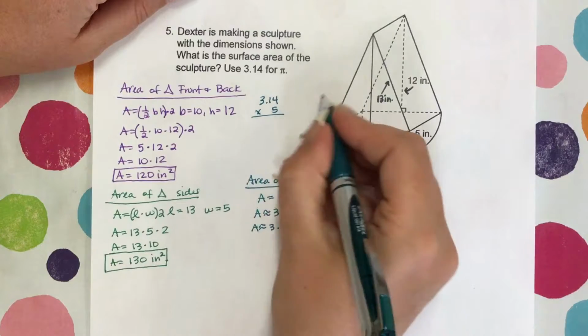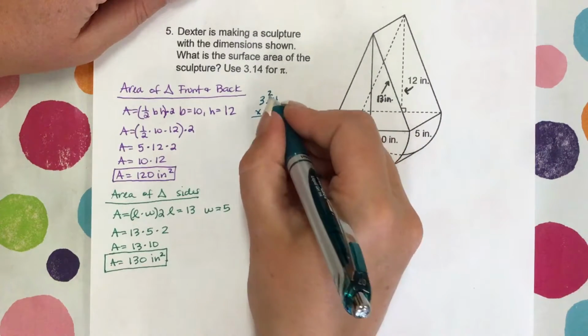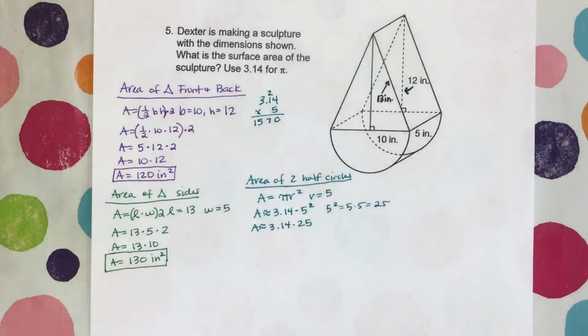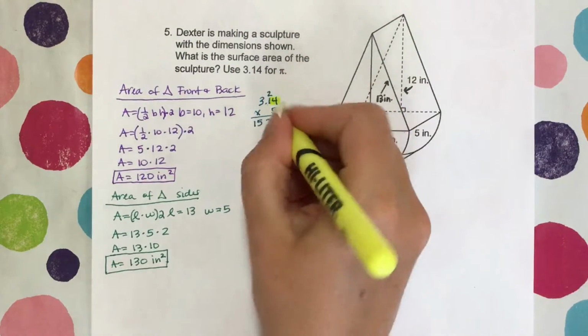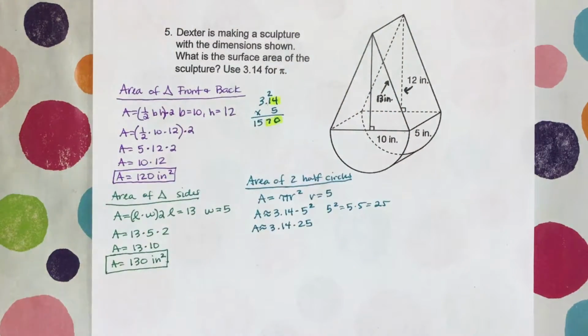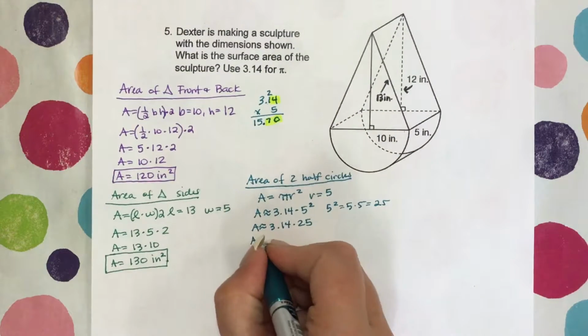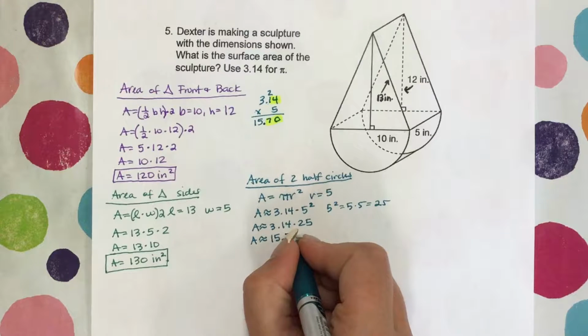And we have 5 times 4, which is 20. Write the 0, carry the 2. 5 times 1 is 5, plus 2 is 7. 5 times 3 is 15. And then we have 2 decimal places here, 1, 2. So we're going to put those right there. And we have area is approximately 15.7.